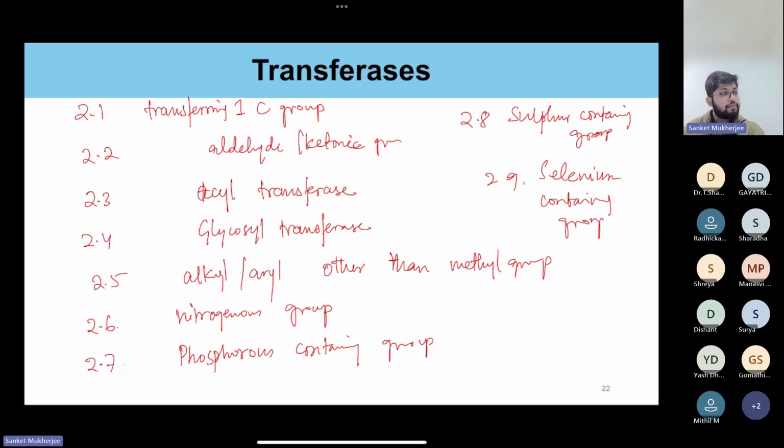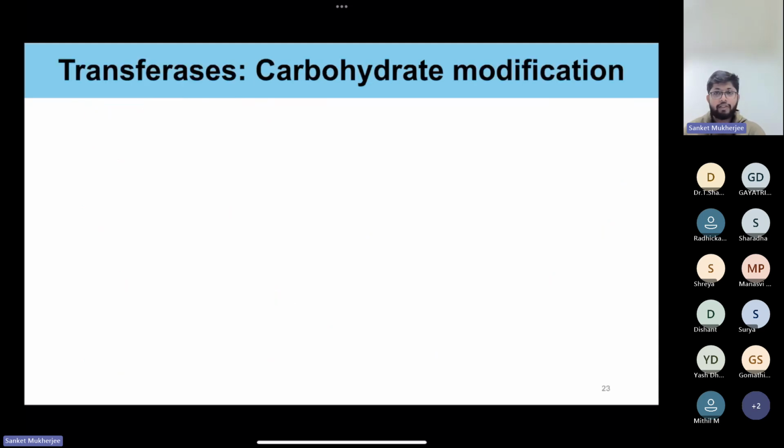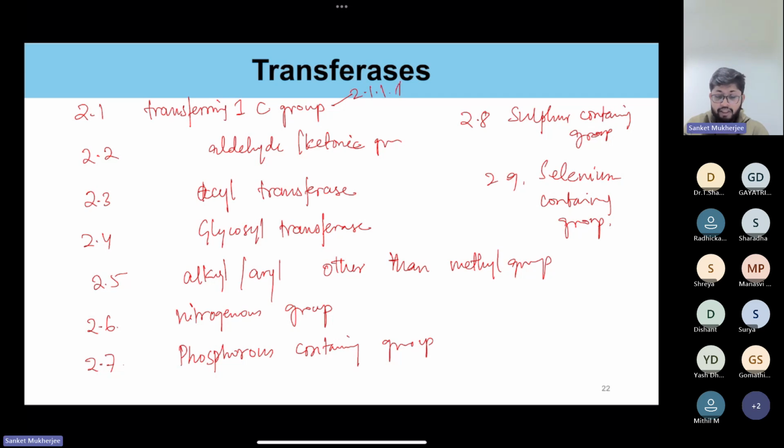So if we look at subclasses, for example, where one carbon is transferred, then as I told you, 2.1.1 are methyl transferases. Similarly, 2.1.2 are hydroxymethyl transferases. 2.1.3 are carboxyl or carbonyl transferases. 2.1.4 are amino transferases.